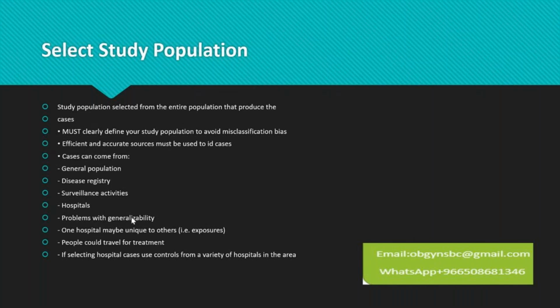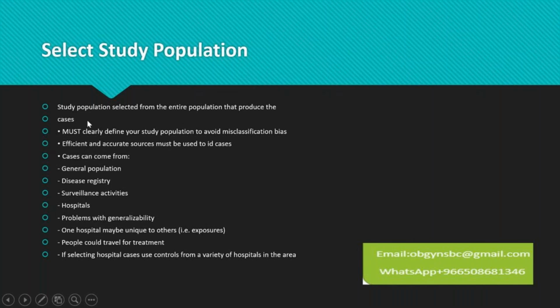So we cannot. This is also different from randomized controlled trials, because in controlled trials we can apply the results to the population outside the study population, like the whole country or the whole world for that matter.